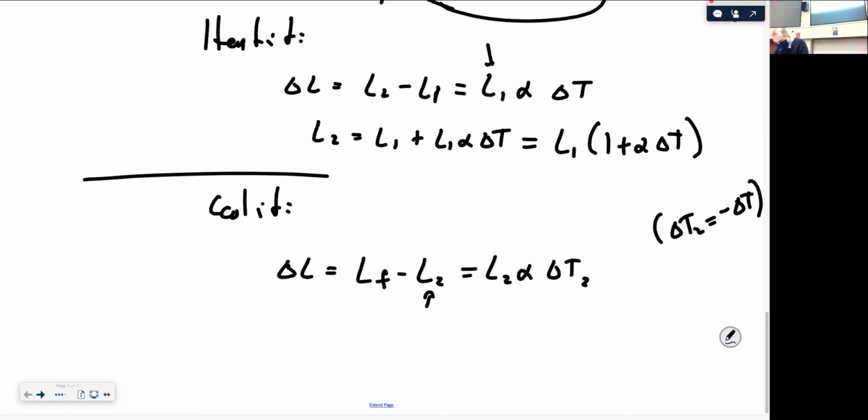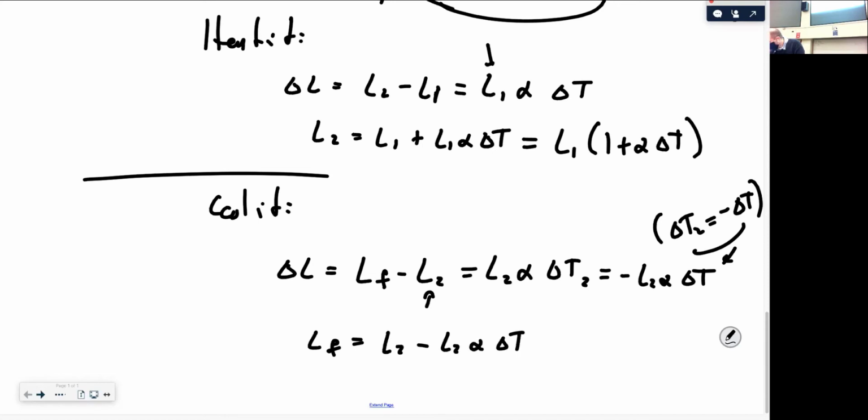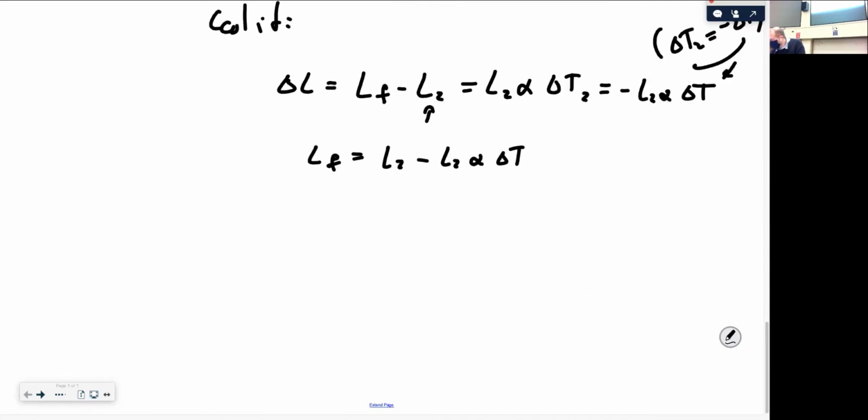So what does this look like? This is negative L2 alpha delta T. Plugging this in. Okay, so let's solve this for LF. LF equals L2 minus L2 alpha delta T. And we know that this is L2 times 1 minus alpha delta T. Well, we know what L2 is.